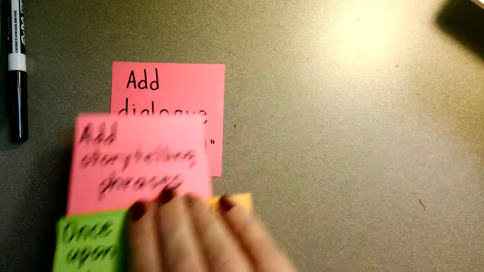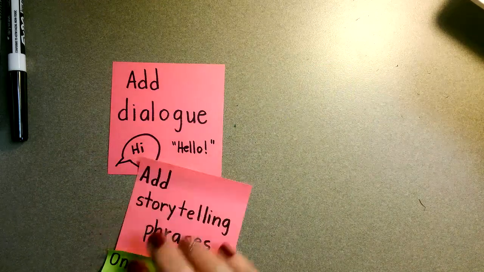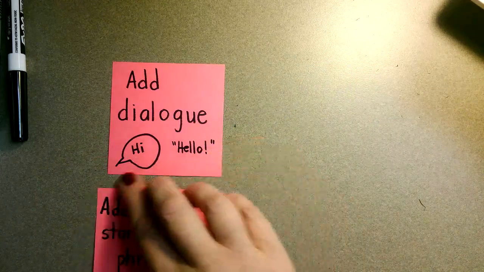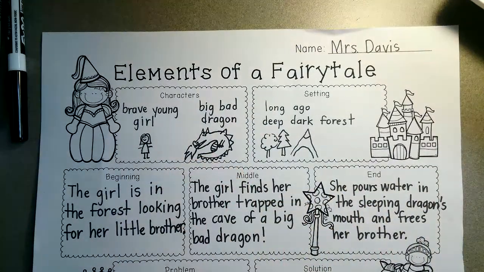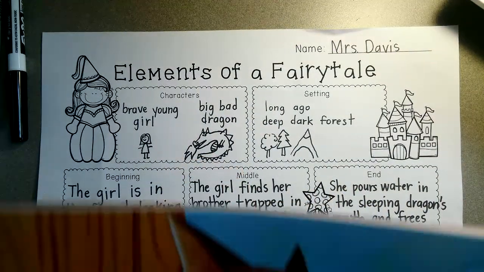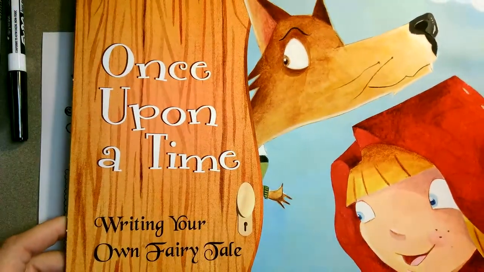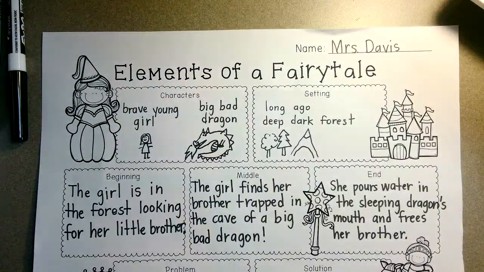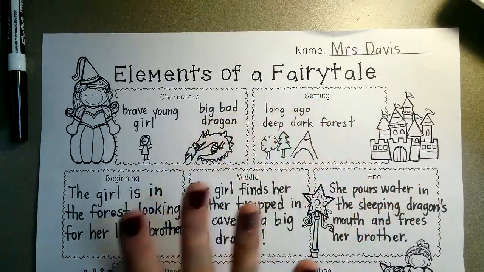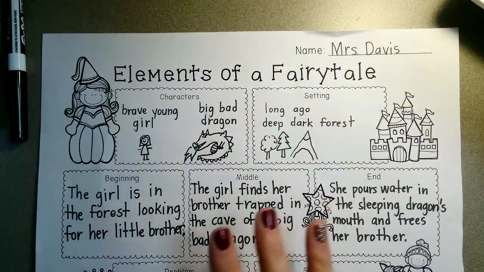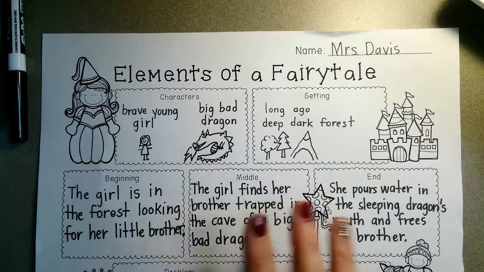So far, I have worked on planning my story, my fairy tale, using my mentor text, Once Upon a Time, Writing Your Own Fairy Tale, to help guide me along the way. And I've come up with my characters, my setting, and then I planned out my plot, beginning, middle, and end.